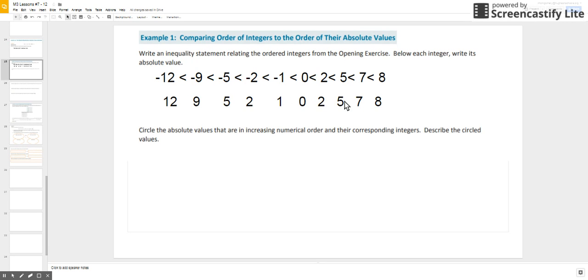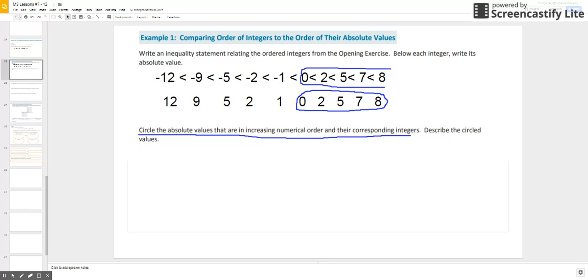So let's circle. It says circle the absolute values in increasing order and their corresponding integers. Here are the absolute values that are increasing in order, starting with 0, and these are their corresponding integers. Well, what do you notice?